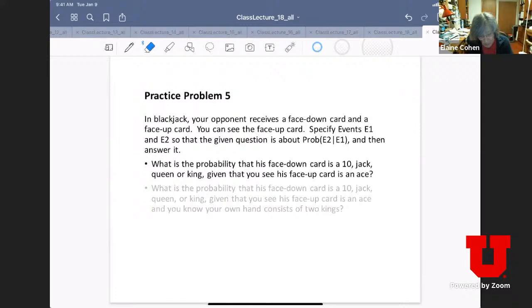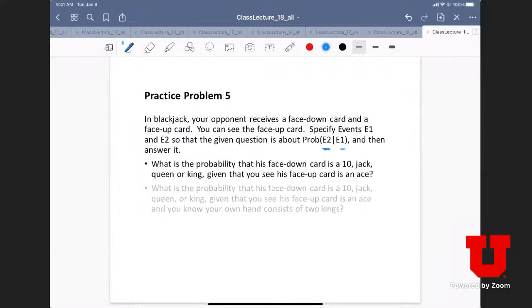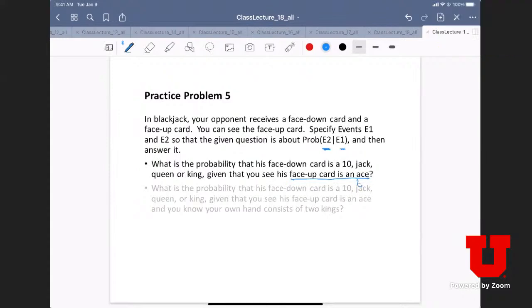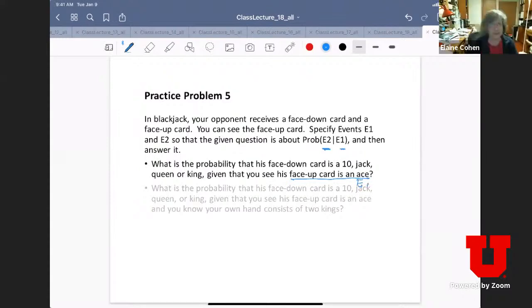Here we're asked the probability of E2 given E1. So what are we given? What do we know? Well, we know his face up card is an ace. So E1 is that his face up card is an ace.